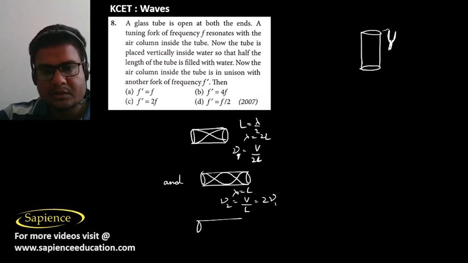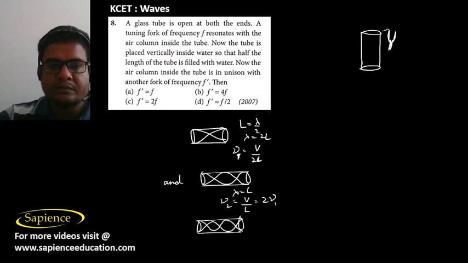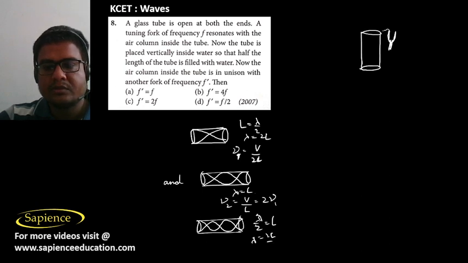And then the third harmonic will be somewhat like this. So here we will have 3 lambda by 2, that is L. So lambda equal to 2L by 3. So nu 3 will be equal to V by lambda, that is V by 2L by 3. So this is 3 nu 1.